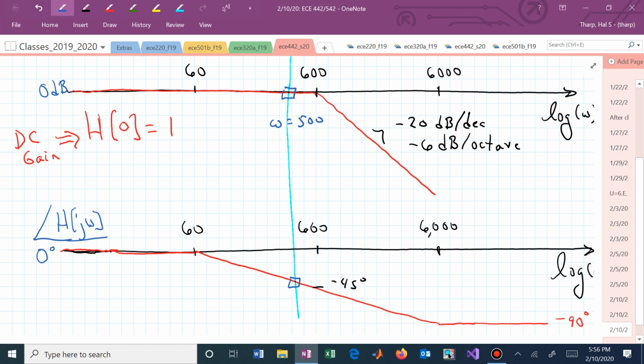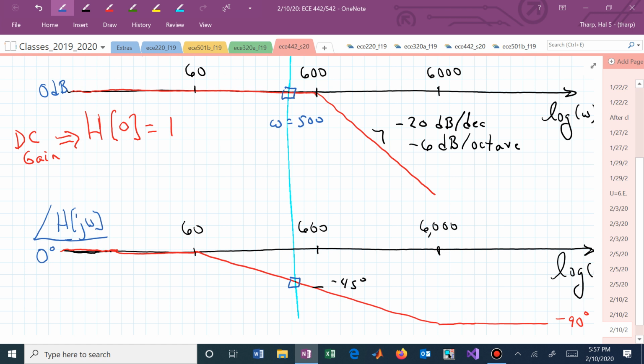Now remember, these are straight line approximations. So the true magnitude curve and the true phase curve will be curved. The phase will still go through minus 45 at 600, but it's going to be curved a little bit. It'll be 6 degrees off at the upper and lower limit, and my magnitude plot will be how far down below 0 dB really at 600.